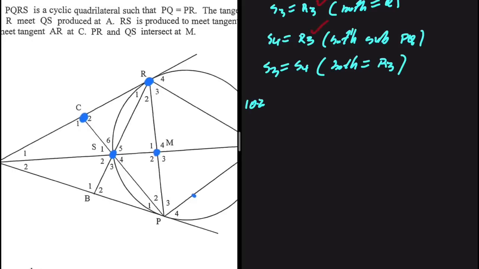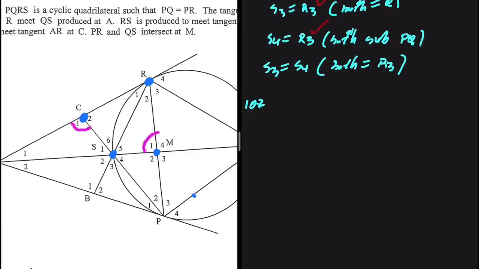If SMRC is a cyclic quad, then angle C1 should be equal to angle M1, because exterior is equal to interior opposite.